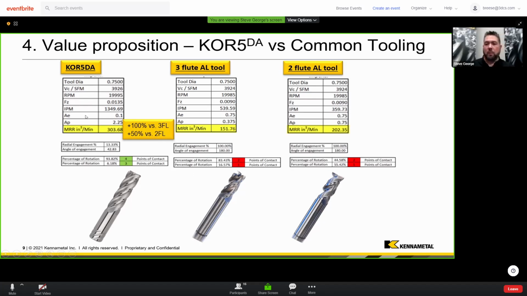But here, this is how much I was able to increase the material removal rate with the same basic setup, significantly higher inches per minute because I'm putting more flutes into the cut, right? And I've also taken advantage of that chip thinning. One thing to keep in mind, of course, is the type of machine. Typically dynamic cuts, because of the reduced forces, are easier on most machines.